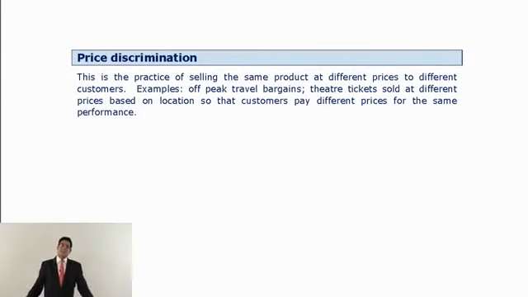Price discrimination, which you might have observed in your society as well. It is charging a different price to different customers for the same product. How does it happen? Very simple. A number of times, if your location changes, people charge differently.